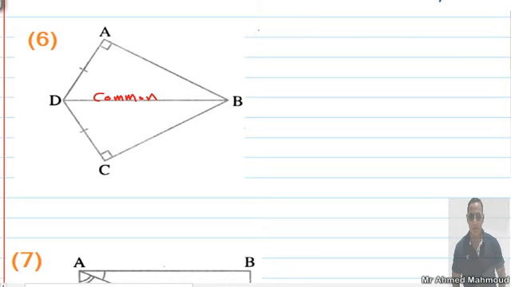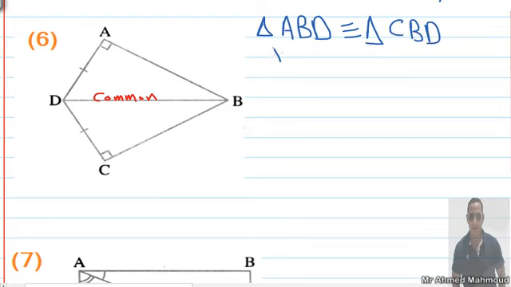Then triangle ABD is congruent to triangle CBD because number one, AD is congruent to CD.